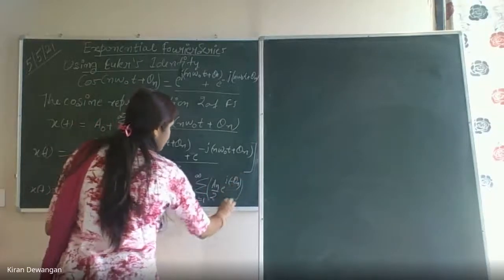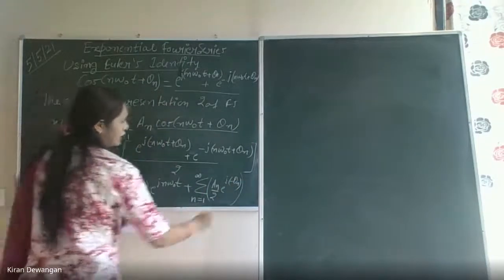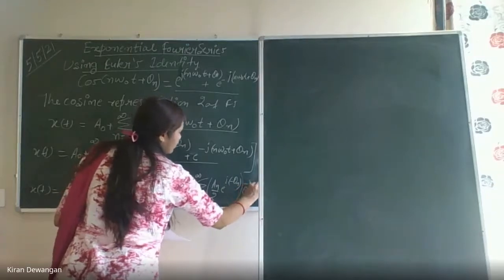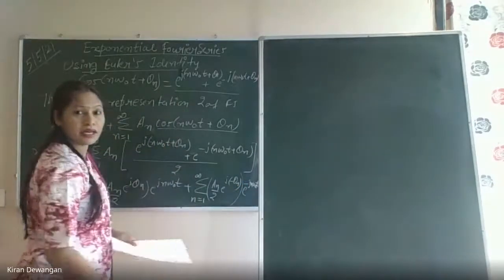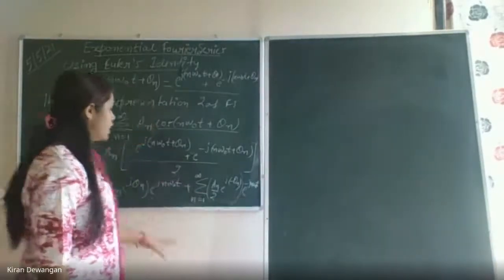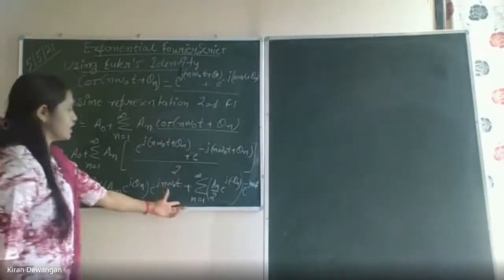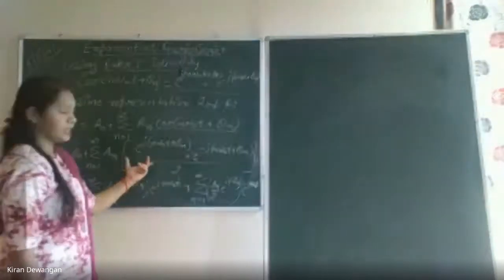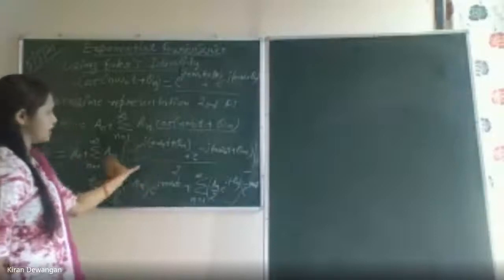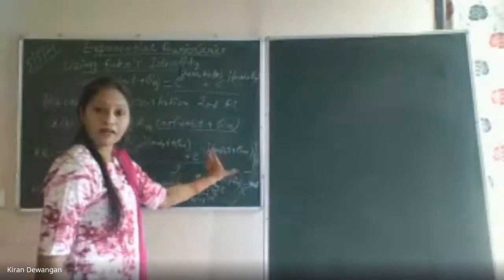Now this is inside one bracket. Then outside it will be e to the power minus j n omega naught t. Okay? E to the power minus j n omega naught t. So these are the different terms that we will be getting. I've just bifurcated it. I've taken the summation to this part, I've taken the summation to this part individually.